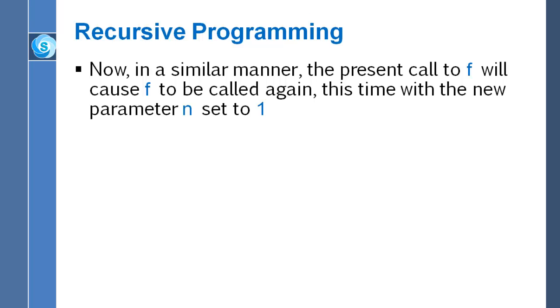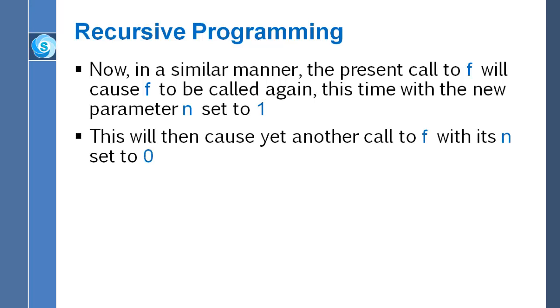So now there are going to be 3 different n's in this story. There are 3 different calls to f, and there are 3 different n's, and this third n is going to have value 1. Okay? That then is going to result in a fourth call to f, and its n is going to have value 0.